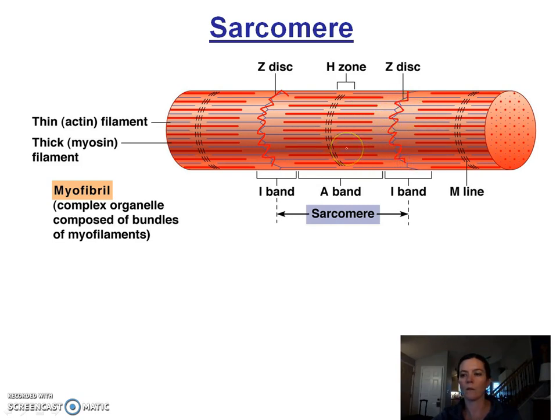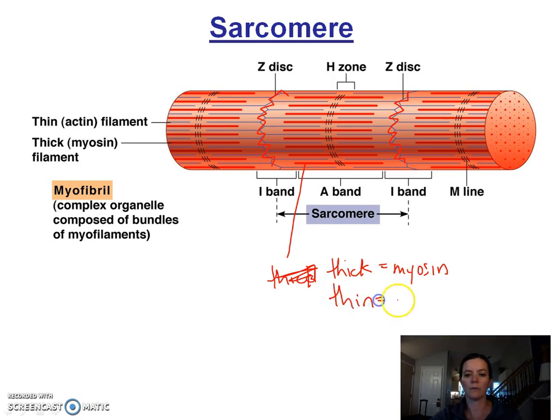In the middle, these red bands are the thick filaments in this figure. The thick filaments are myosin proteins, and the thin filaments are in blue in this diagram. Those are these smaller ones here.